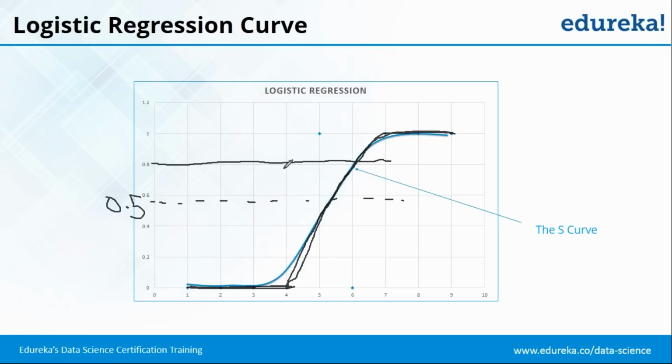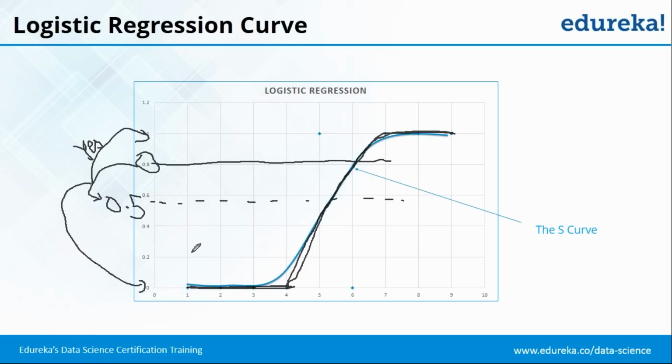So the model calculates the probability of winning, which is 0.8, and then applies an if-else: if 0.8 is greater than 0.5, y is equal to 1, otherwise it will be equal to 0.